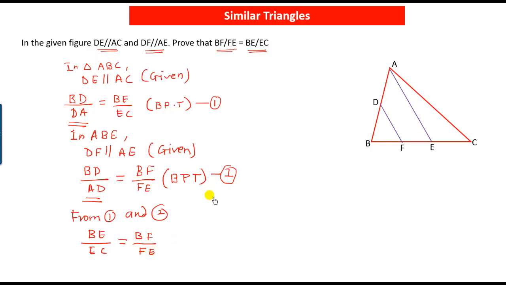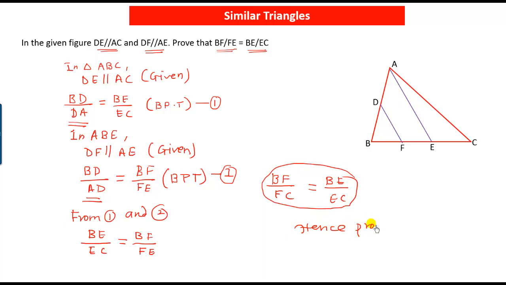So this only we have to prove, and therefore BF upon FE is equal to BE upon EC, hence proved.